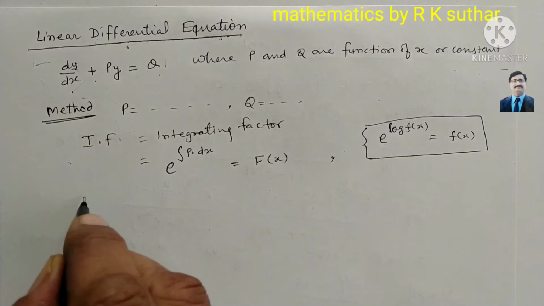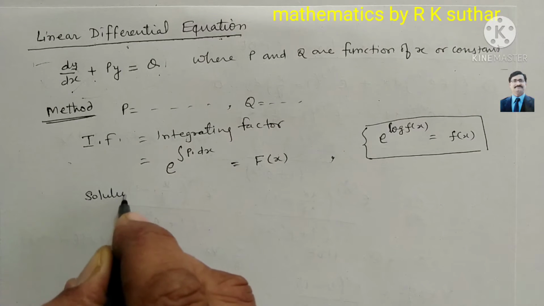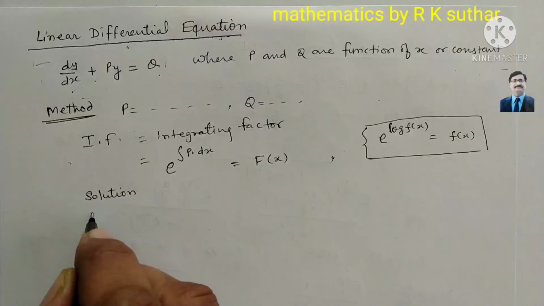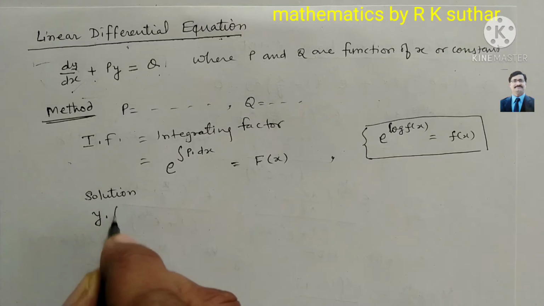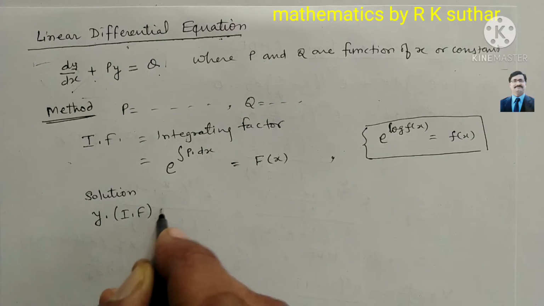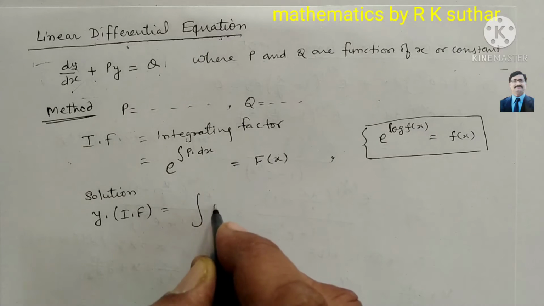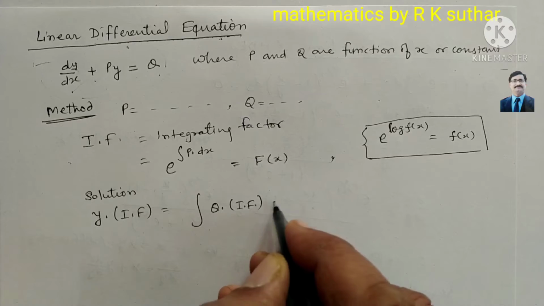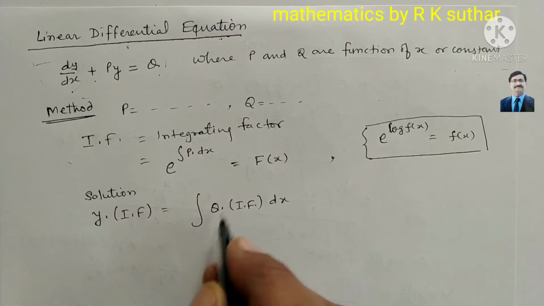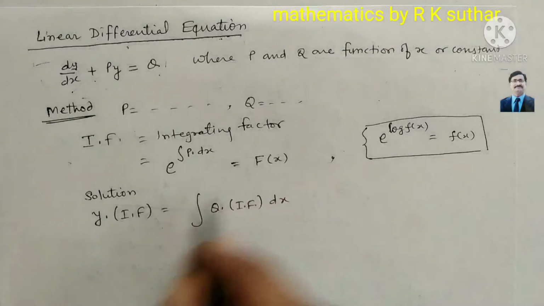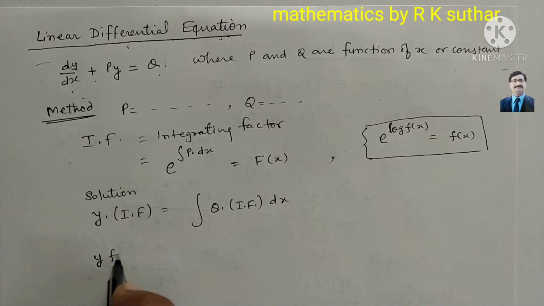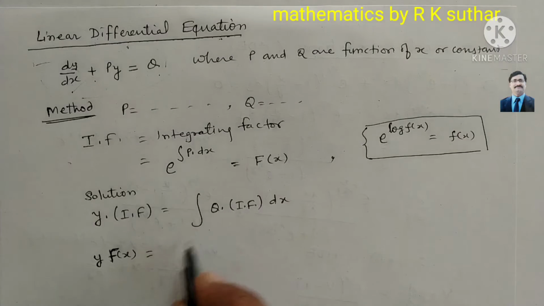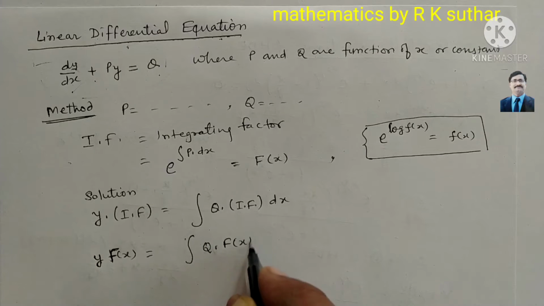Now, what will the solution be? For the solution we have a formula: y times the integrating factor equals the integral of Q times the integrating factor dx. This integral you have to solve. The integrating factor we get is F(x), so you write F(x) here, and whatever Q you have, you write here, and dx.